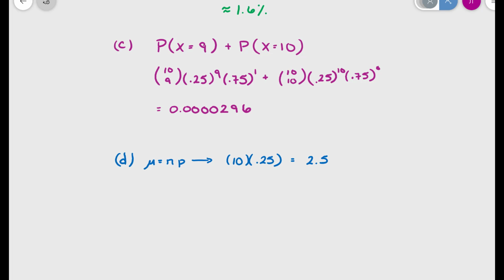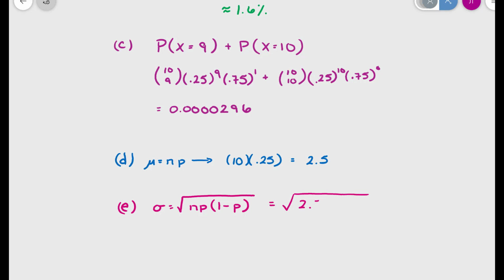And then the last thing, which is part E, is asking you to find the standard deviation of the questions. And the standard deviation formula is the square root of np times 1 minus p. Make sure that I've written that down correctly. I'm pretty sure I did. And when we compute that, we already know what np is. We calculated that because np is simply the mean.